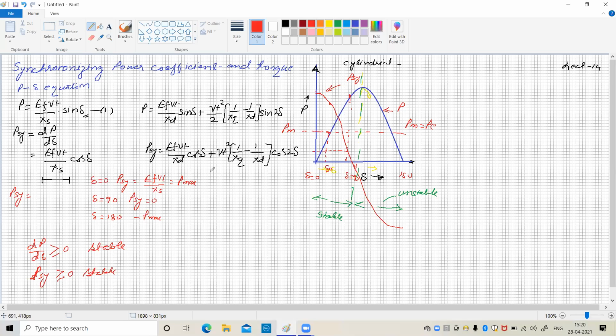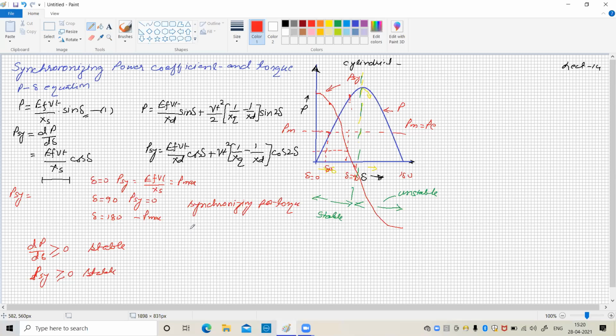Okay, now from this it is quite possible to calculate the synchronizing torque coefficient, which is nothing but, what is the relation between torque and power?